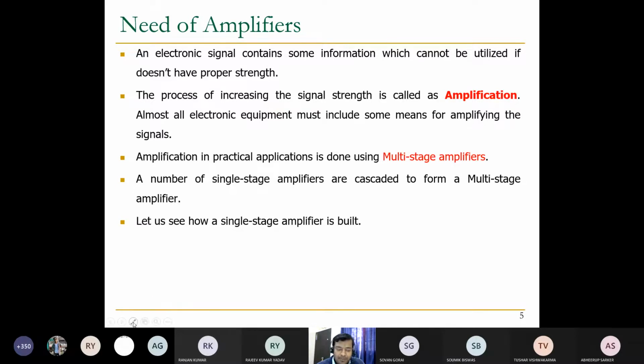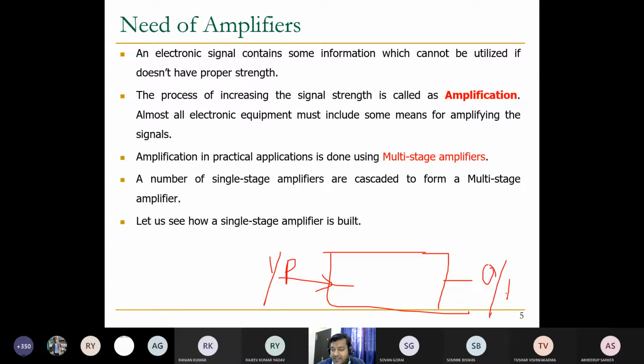What I mean to say is, suppose this is one black box. You are receiving a low input signal, and finally you are getting a high strength signal.